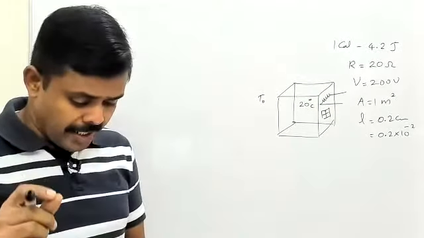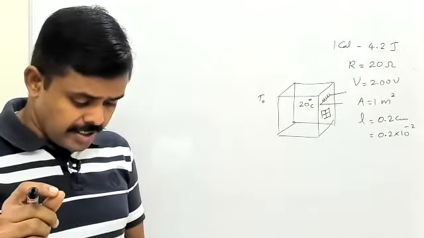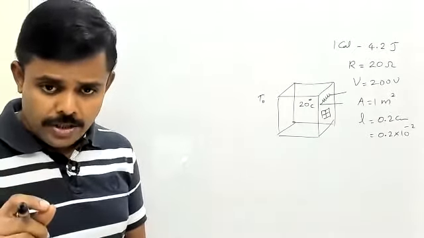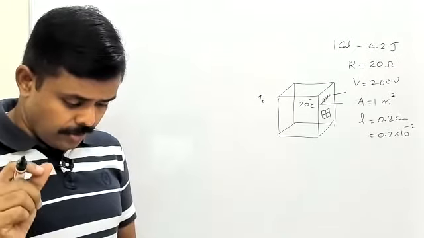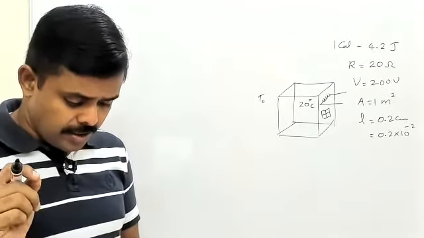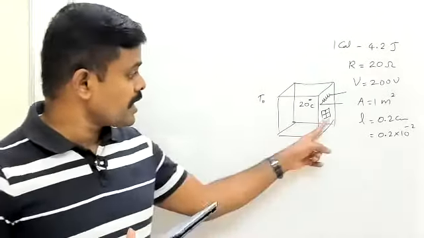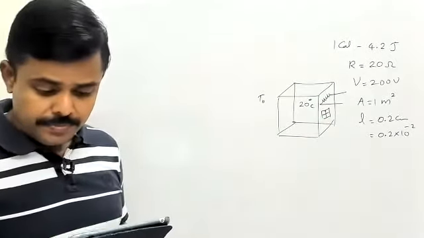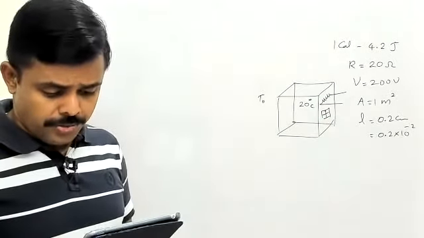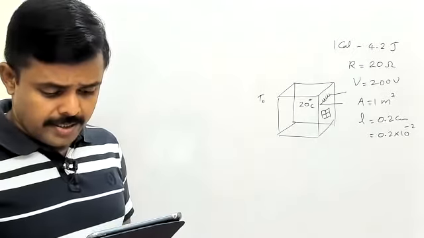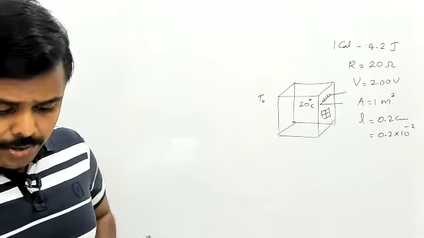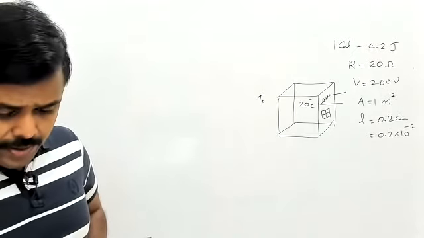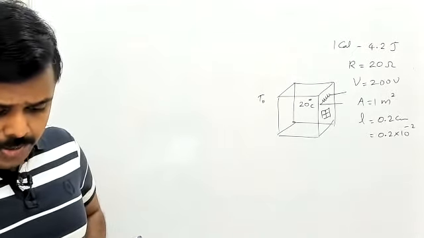A room is maintained at 20 degrees Celsius by a heater of resistance 20 ohm connected to 200 volt mains. The temperature is uniform throughout the room and heat is transmitted through a glass window, and thickness is 0.2 centimeters.